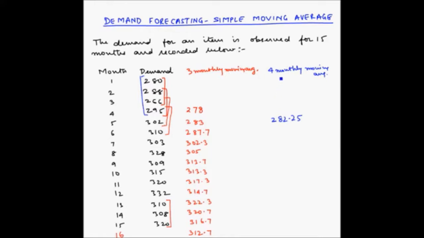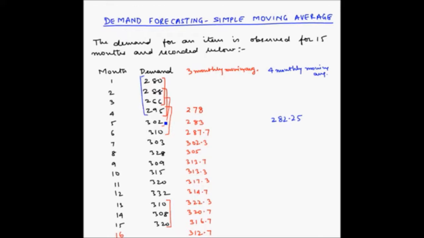And since we have to find out the 4 monthly moving average, we need to have at least 4 months worth of data. So at the end of the 4th month, you would forecast for the 5th month, and you found out that the forecast is 282.25. Now once the actual month is passed, the actual demand turns out to be 302.